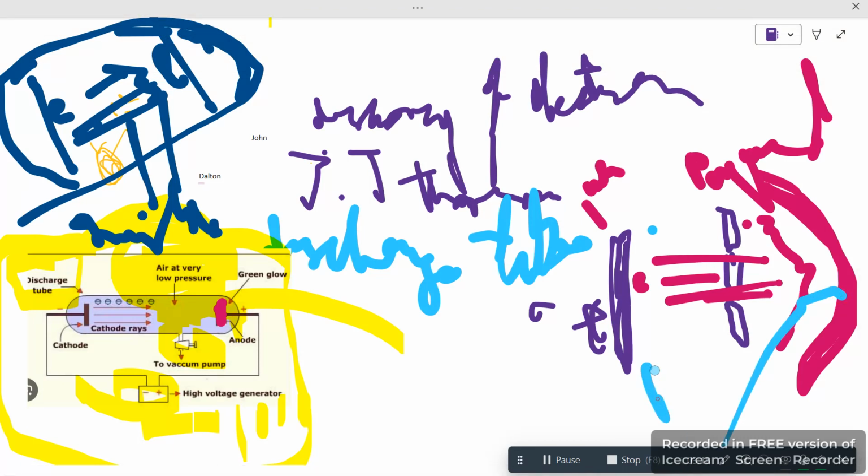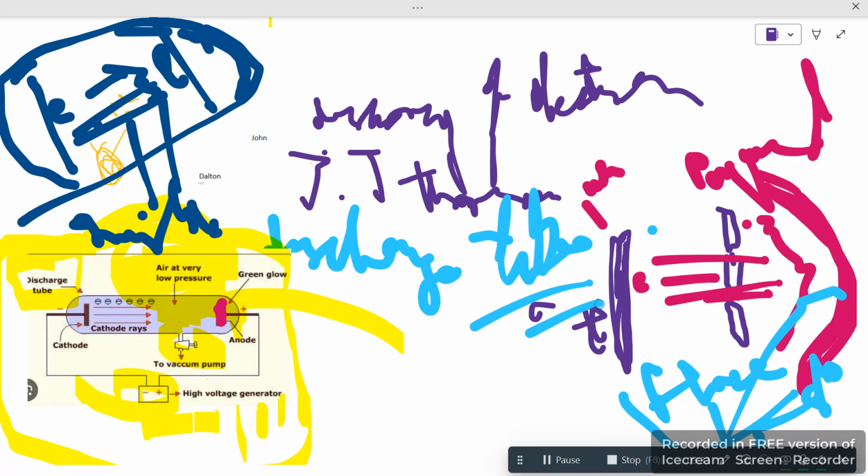On this structure you will find fluorescence light. This means the invisible rays are going and being attracted towards the anode, and then the light or fluorescence is produced.